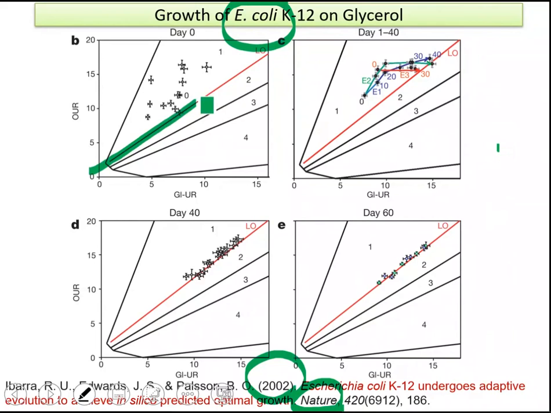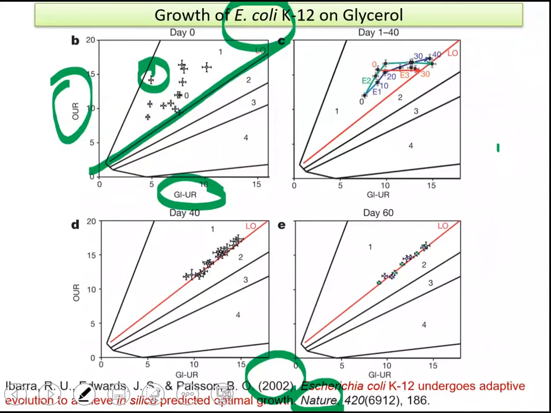This red line shows the optimum line, calculated based on flux balance analysis. And each dot shows the growth rate of the organism for a given oxygen uptake rate and glucose uptake rate. For this specific glucose uptake rate and oxygen uptake rate, the growth rate of E. coli on glycerol was this.